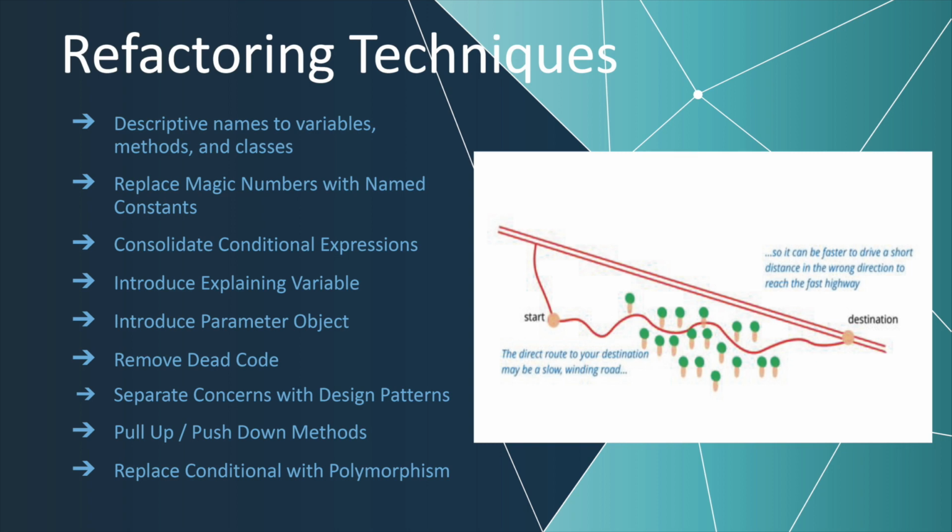The other would be introduce parameter object. This is about combining multiple parameters into a single object. What the parameter object is trying to convey is, if you are passing two different attributes of the same object, like maybe a user's phone number and email, you might as well just pass an object having both.